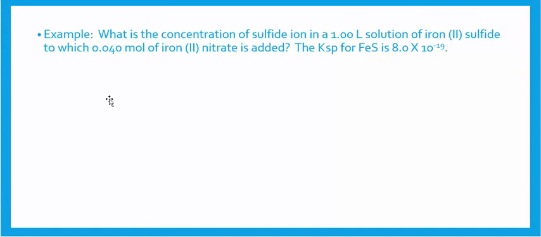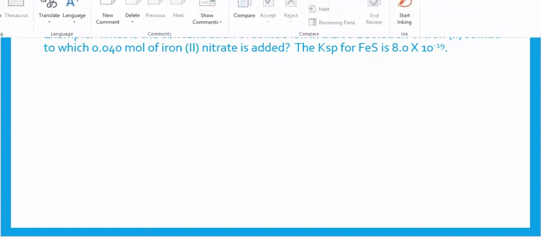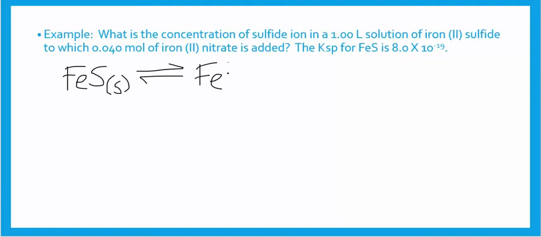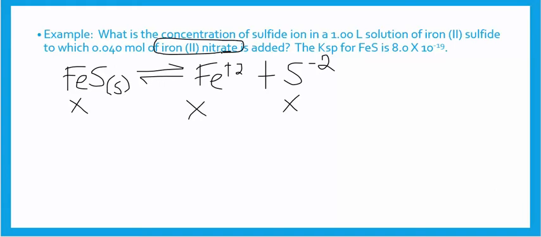Let's look at one more example with common ion. Start with an equation. My equation is FeS, which is my solid, dissociates into iron ions and sulfide ions. Assign values of x. We're adding a common ion, in this case iron(II) nitrate, so my common ion is iron.